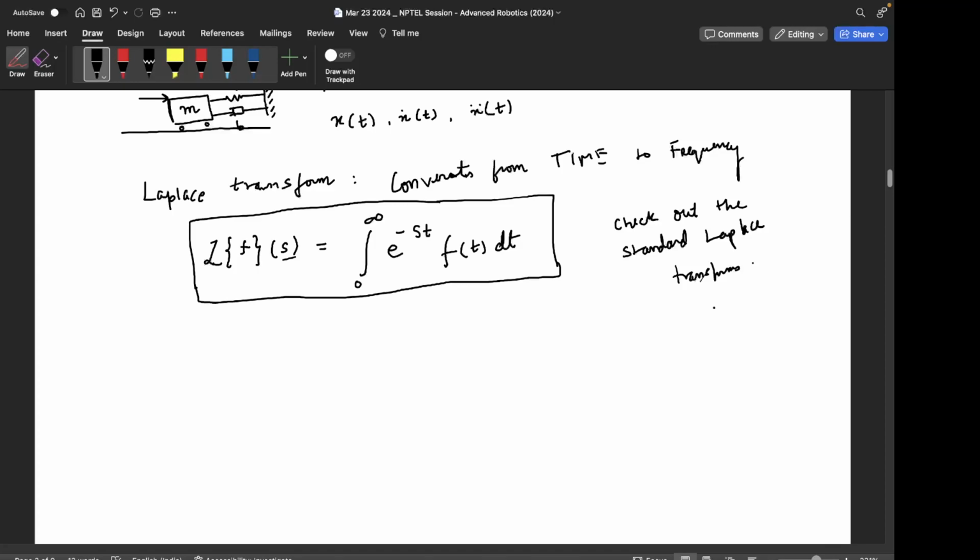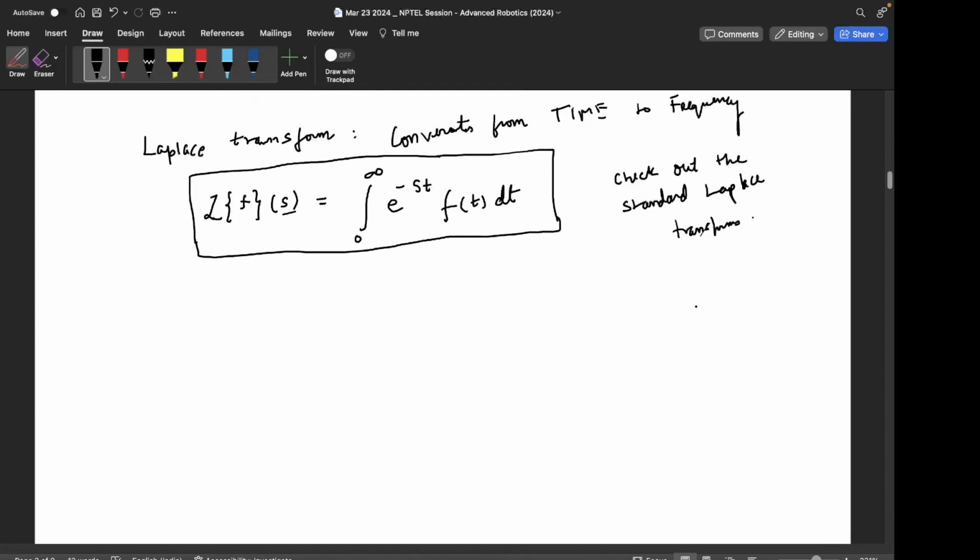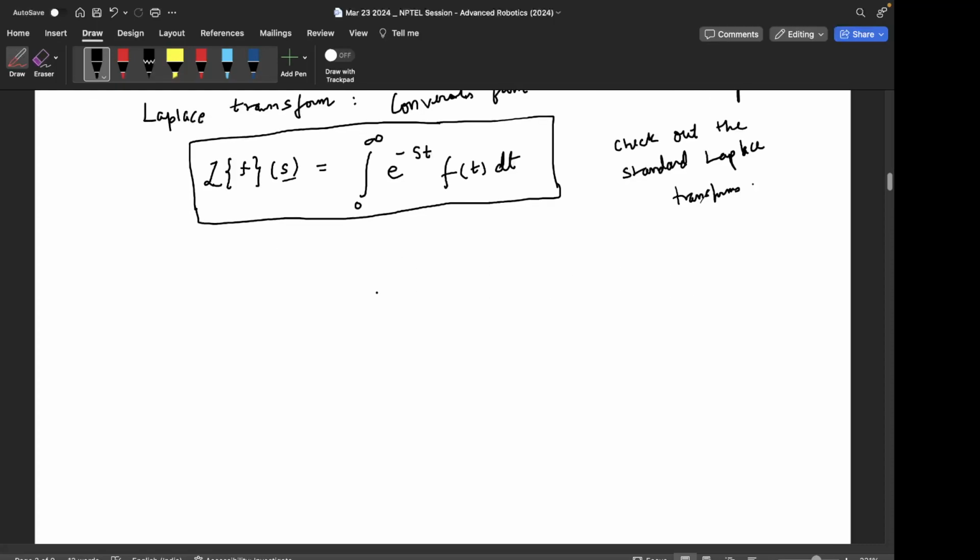You will most likely be using the transformations from the table, like for sin t, cos t, and common functions. But we won't be discussing that.